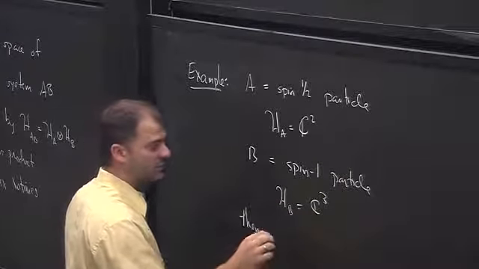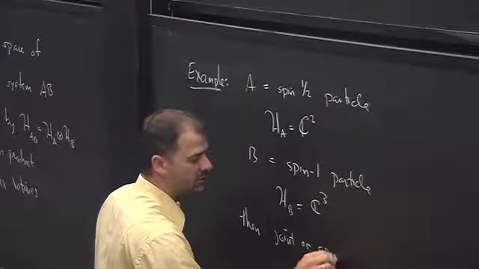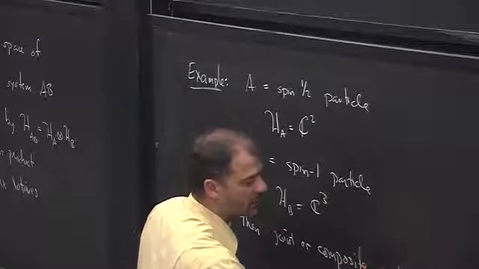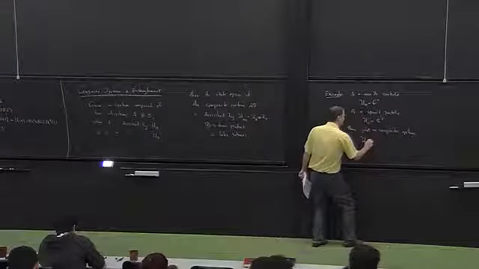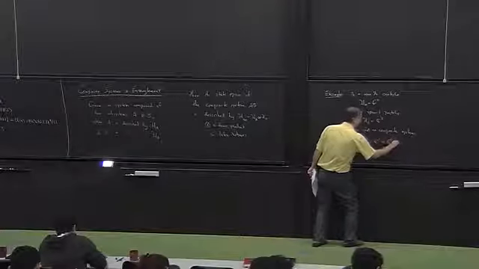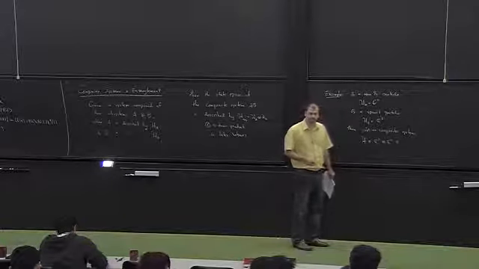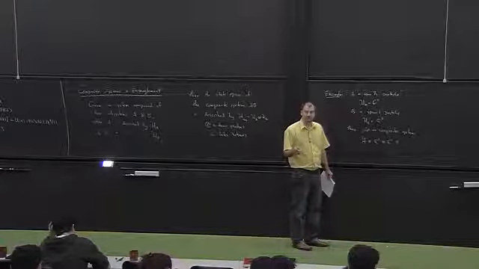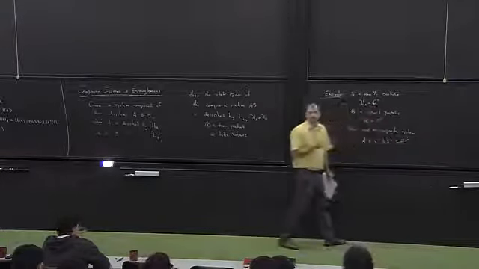Then our joint or composite system, and these words mean the same thing in this context, if I wanted to talk about both systems at the same time, I ascribe the Hilbert space H equal to C2 tensor C3, which is equivalent to, well, C1 plus C5, but you're getting ahead of us. C1 plus C4. No, actually, what I was going for is this: you multiply the dimensions, C6.